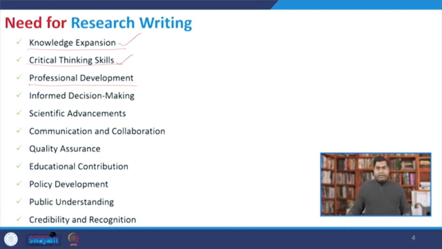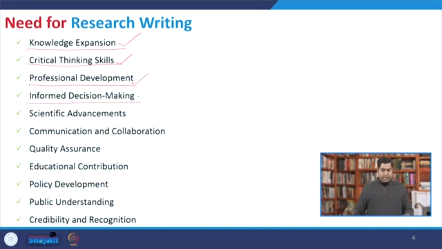Or if you are a faculty member, then also for your academic growth and professional growth, there are certain requirements to write papers. And even if we keep aside all those benefits of getting the published paper, for the research interest for which you are conducting the research, it will give you that kind of satisfaction.